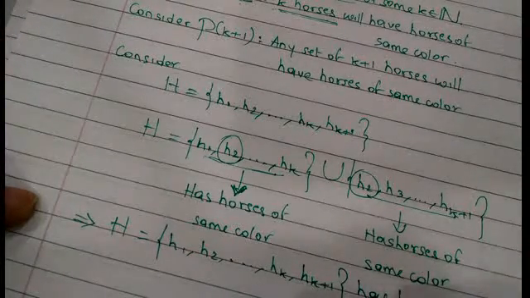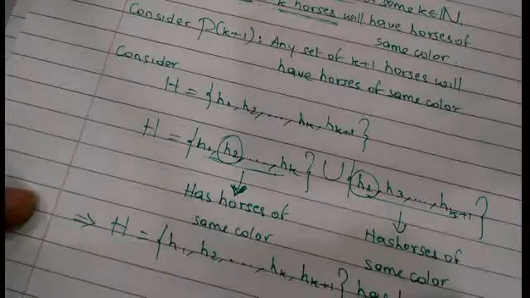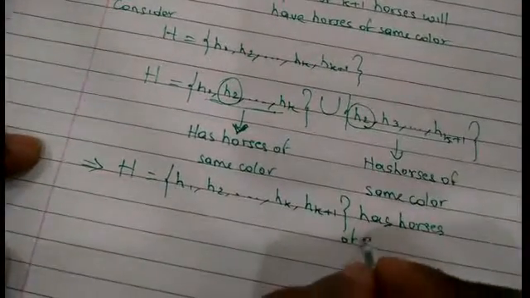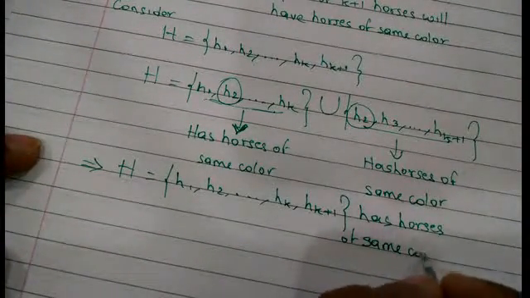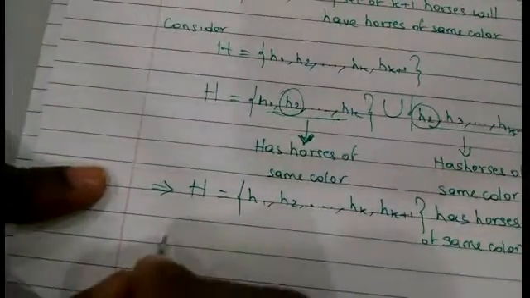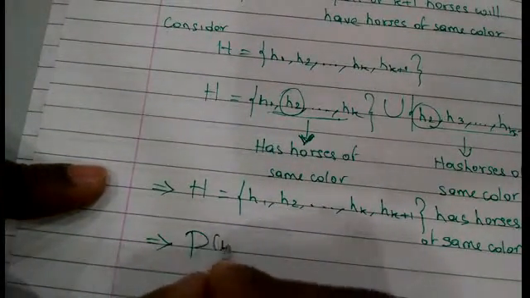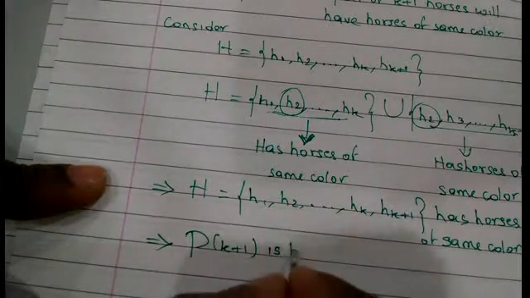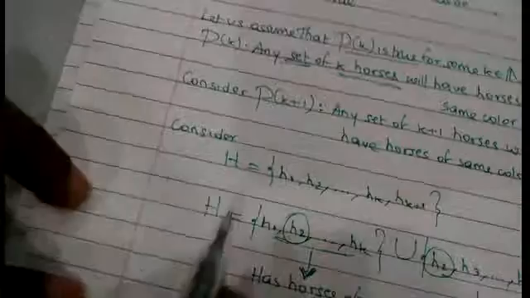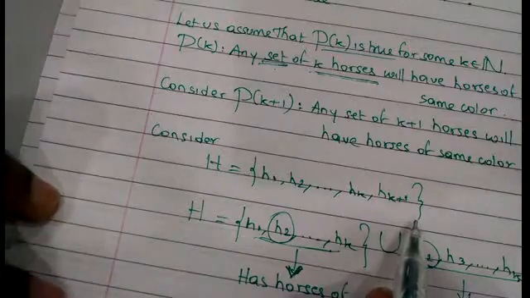has horses of same color. So this implies that P of k plus 1 is true, because we just randomly took a set containing k plus 1 number of horses.